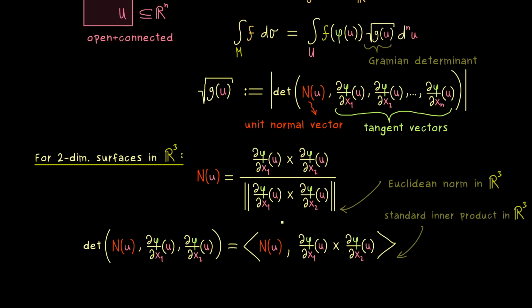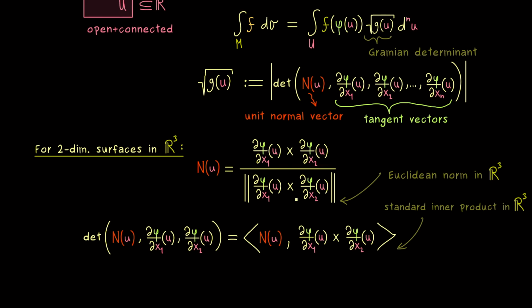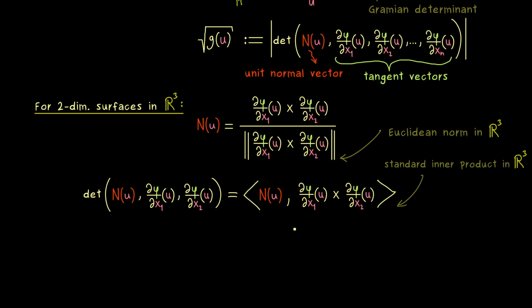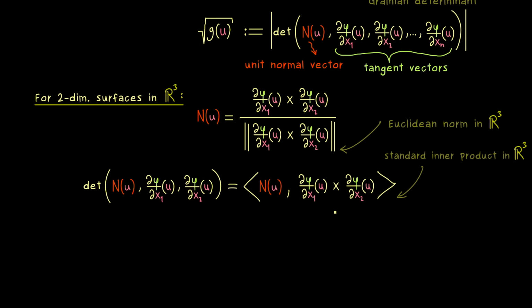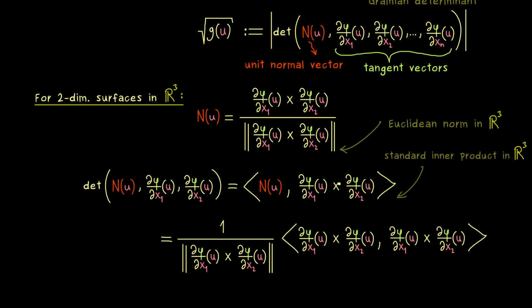Of course, you have to use the standard inner product in R3, and then this formula is really easy to show. However, now we can just put in what we already know of nu, and then you see that we actually have the same thing left and right in the inner product. In both entries we have the cross product of the two tangent vectors, and we also divide by the length of it.